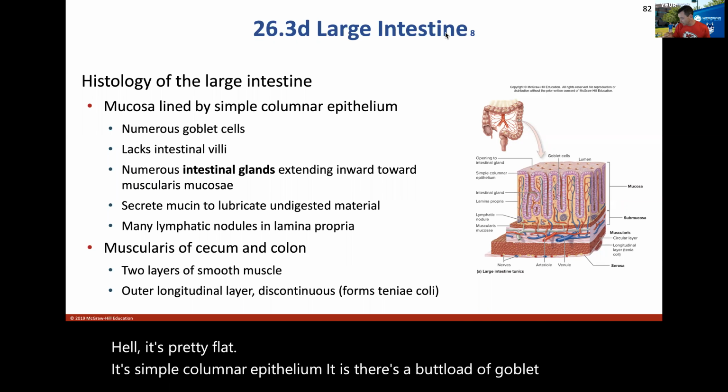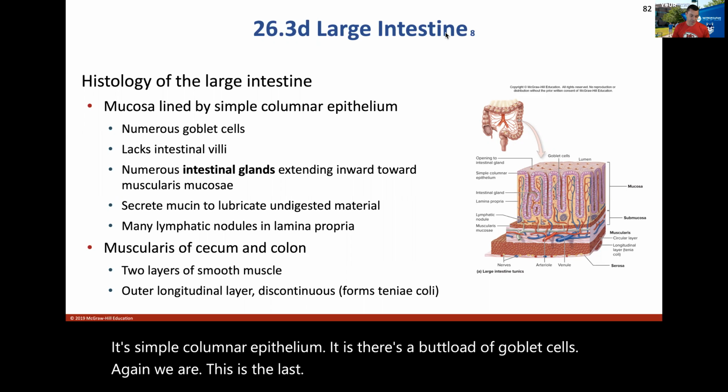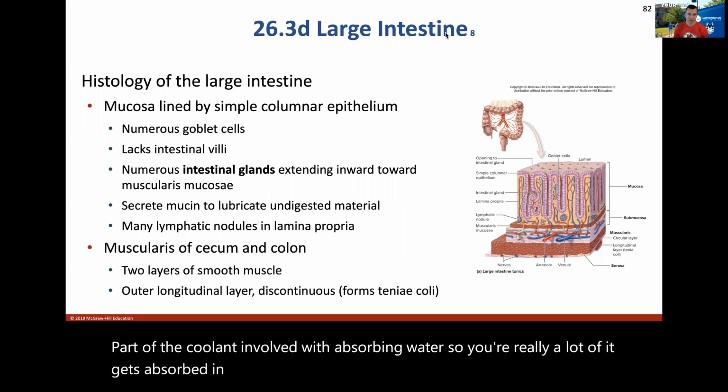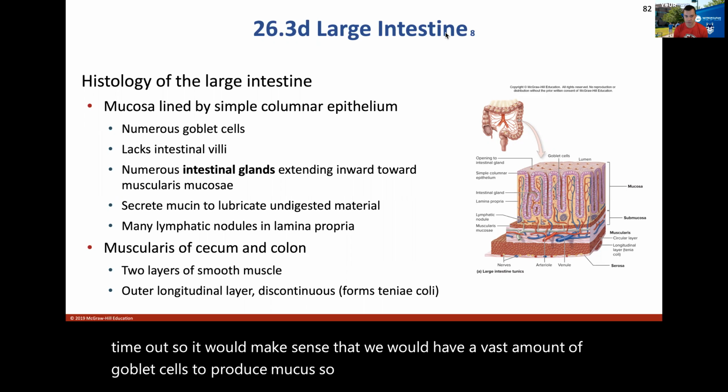Again, this is the last part of the colon involved with absorbing water. A lot of it gets absorbed in the small intestine, so you're really desiccating, drying this chyme out. So it would make sense that we would have a vast amount of goblet cells to produce mucus, so this chyme material can get pushed through.